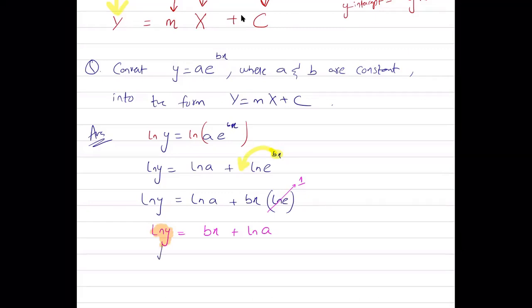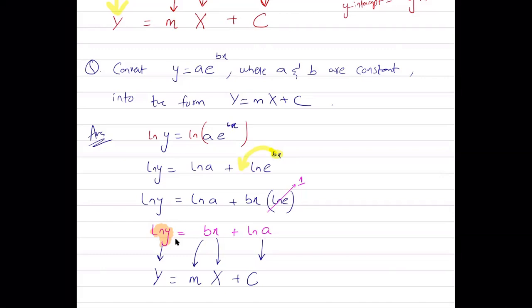The gradient will be b, and ln a is going to be the y-intercept. Right? Is it okay? Yes, that's okay.